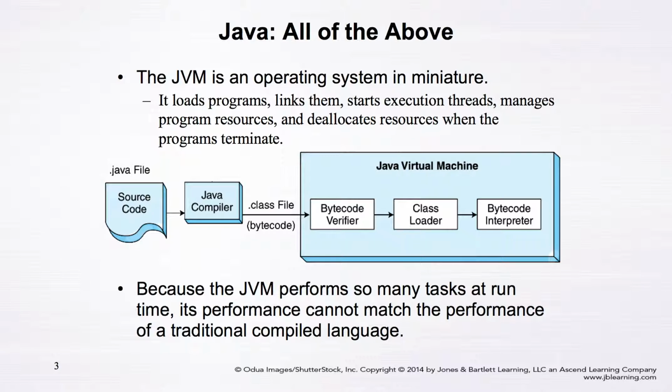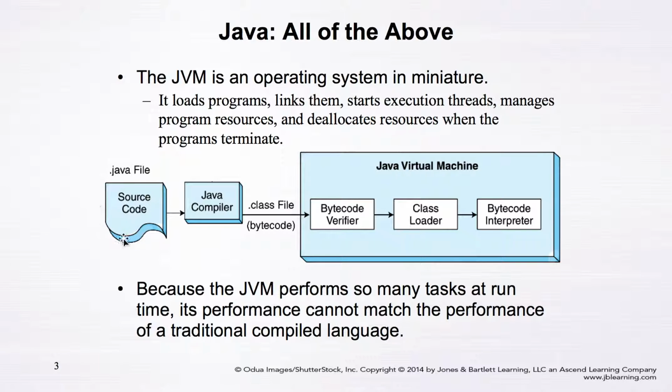Basically, the Java Virtual Machine is an operating system in miniature. It loads the program, links them, starts the execution thread, manages the program resources, and deallocates the resources when the program terminates.